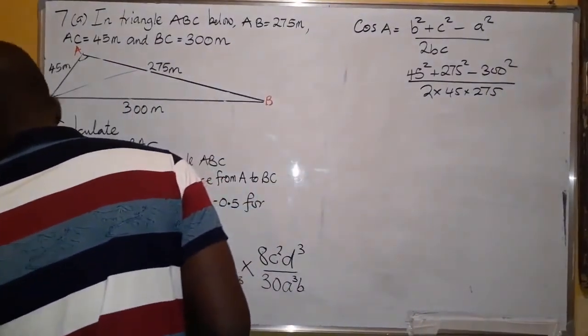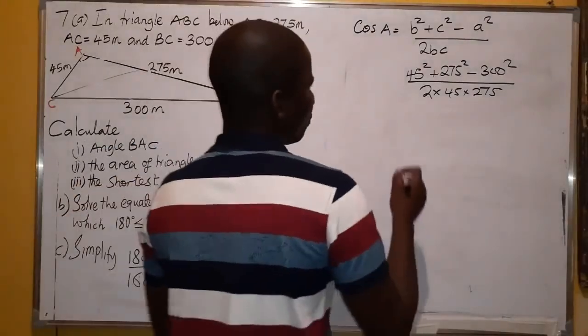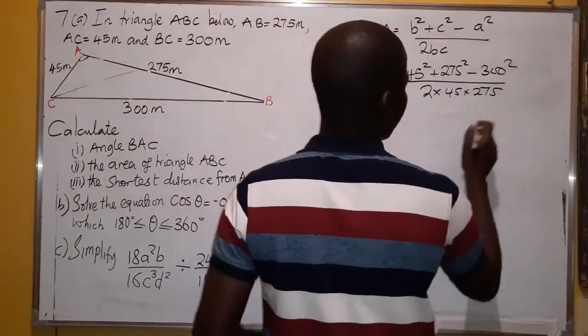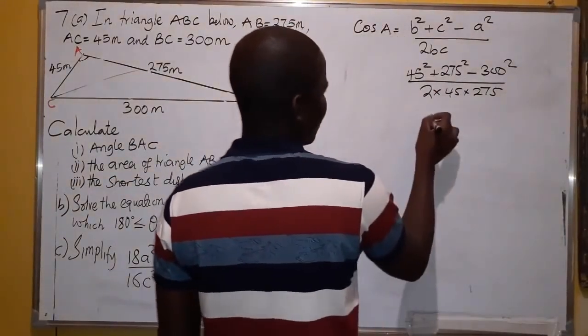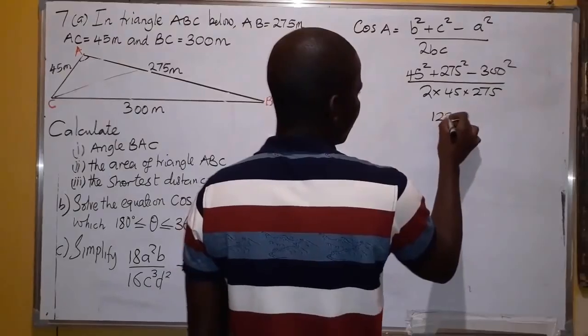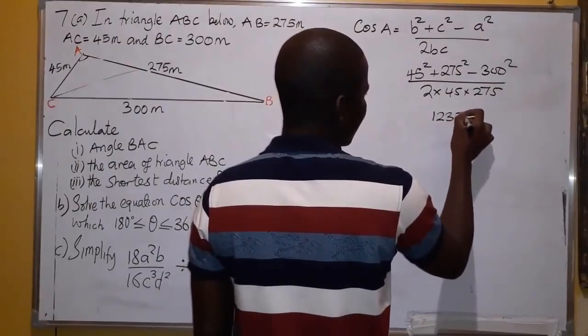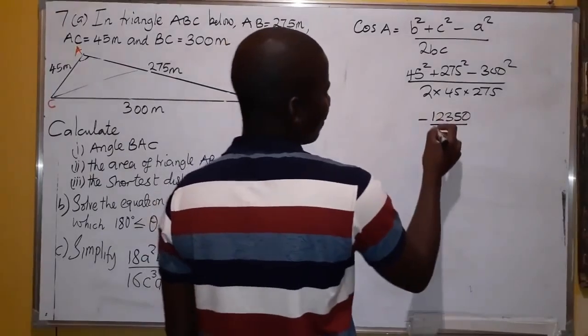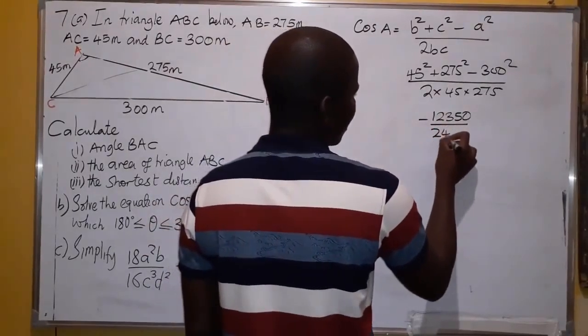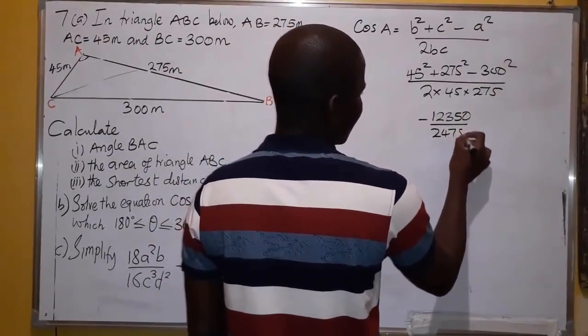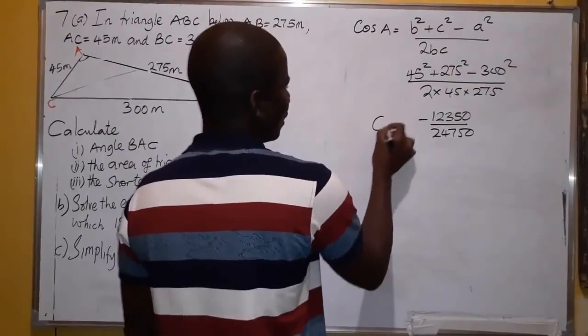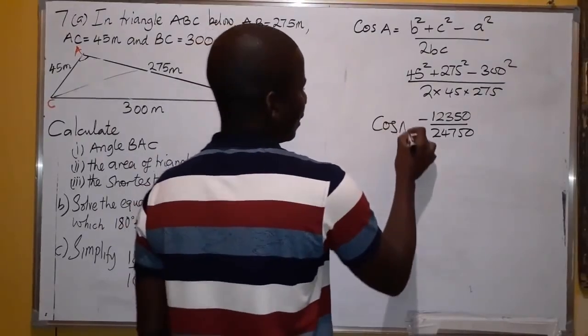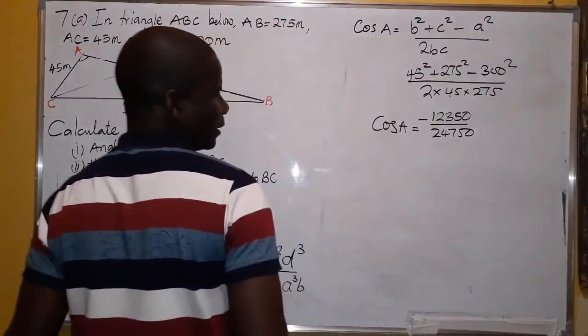So when we multiply this one, you're going to get negative 12,350 over 24,750. Okay, cos A.